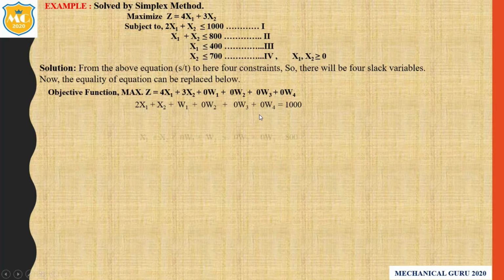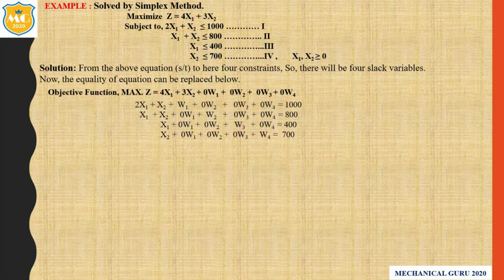Similarly, second constraint: x1 plus x2 plus 0w1 plus w2 plus 0w3 plus 0w4 equals 800. Third constraint: x1 plus 0w1 plus 0w2 plus w3 plus 0w4 equals 400. And the last constraint: x2 plus 0w1 plus 0w2 plus 0w3 plus w4 equals 700.